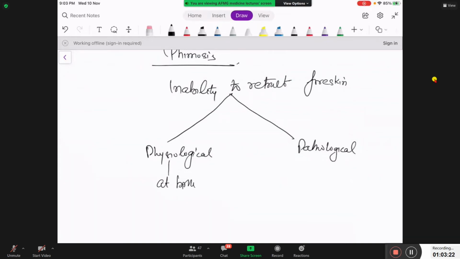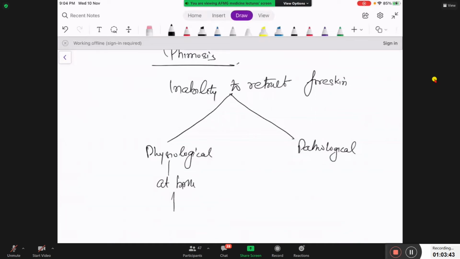So in these newborns at birth, you will find that you are not able to retract the foreskin of the penis. In such newborns, we should not forcefully try to retract it. We don't need to do anything.